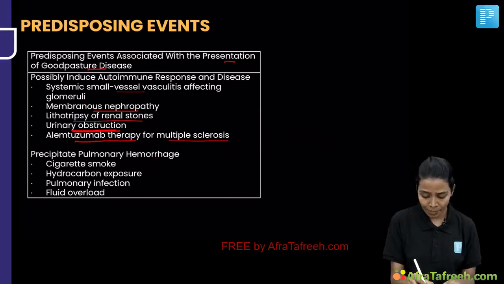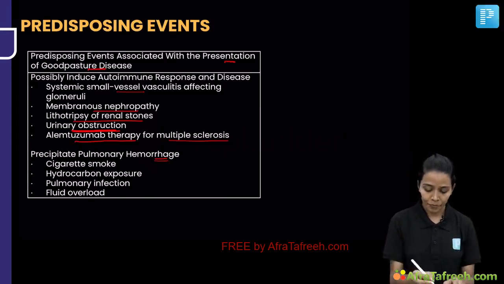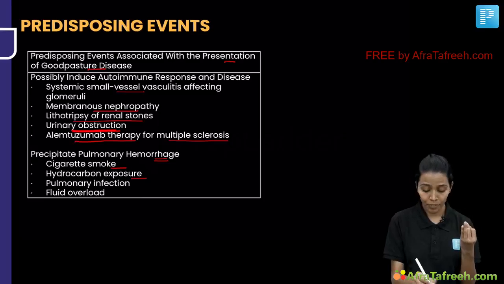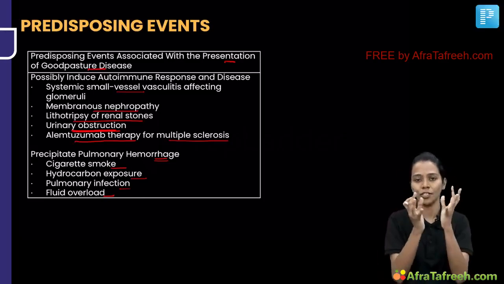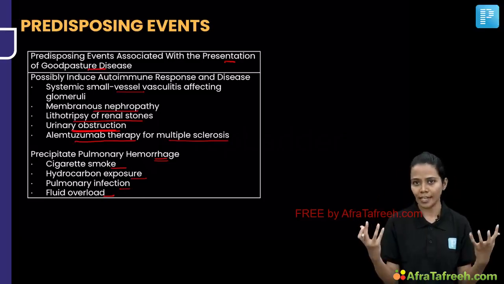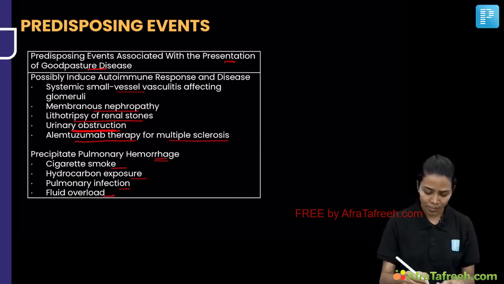Second is things that can precipitate pulmonary hemorrhage. These are the things that are toxic to the lungs, like cigarette smoke, hydrocarbon exposure, any infection to the lung, or fluid overload. All these conditions inflame the alveolus and can expose the antigen and cause the disease. So this is important.